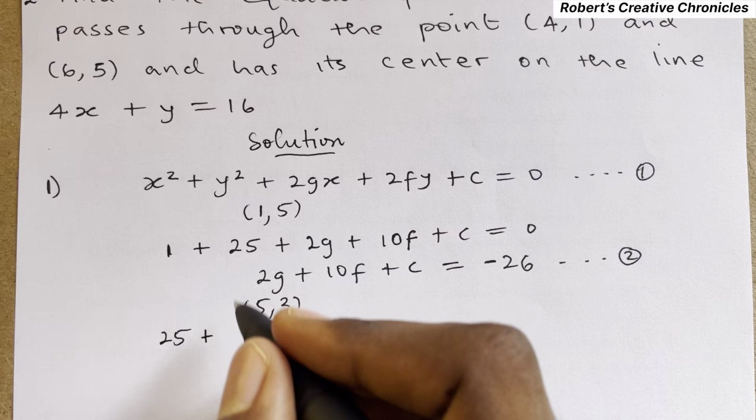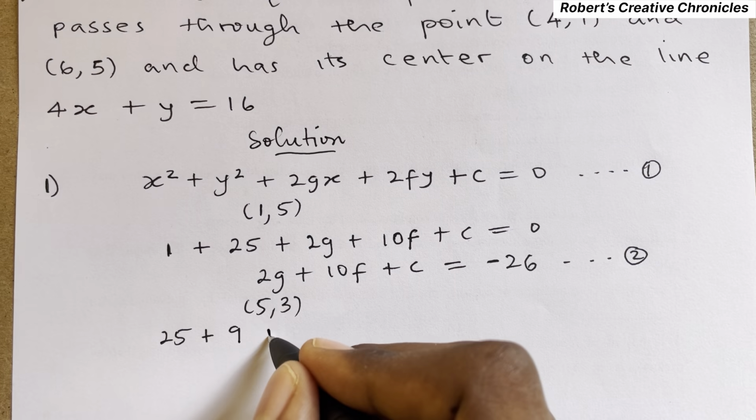Then we'll substitute the second point into this equation. So the second point is 5 and 3. That means x is 5 and y is 3. So we'll substitute it. It becomes what? 25 plus what?